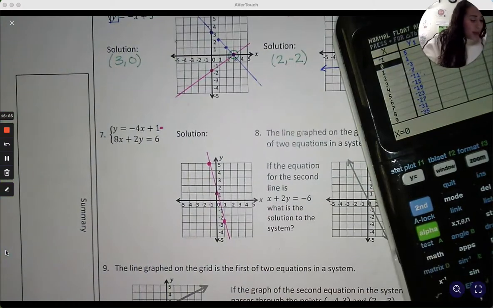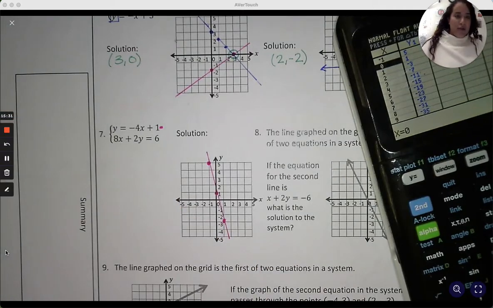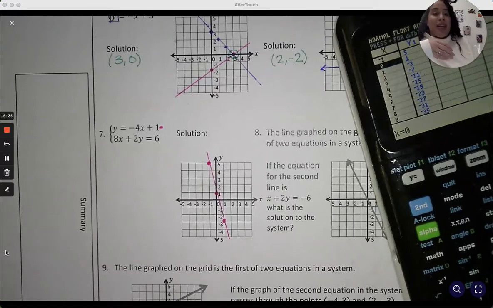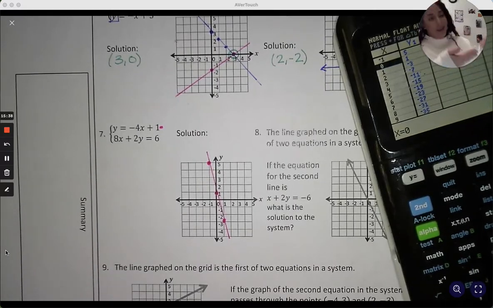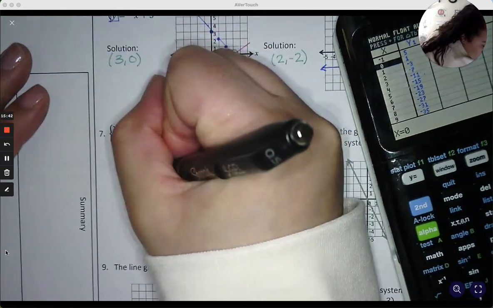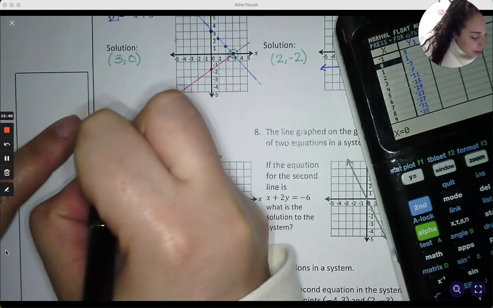Holy Toledo, Batman. Alright, but you're going to notice this second equation, it's in standard form. So we have to turn it into slope-intercept form. So this is where we kick out our x, divide up our stuff. We're going to move this 8x to the other side by subtraction.